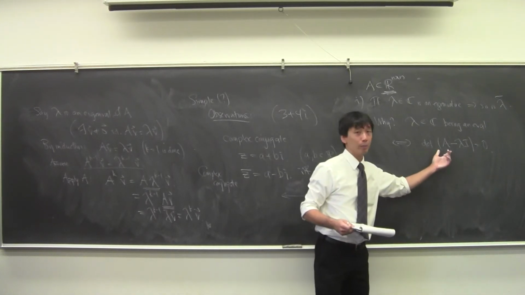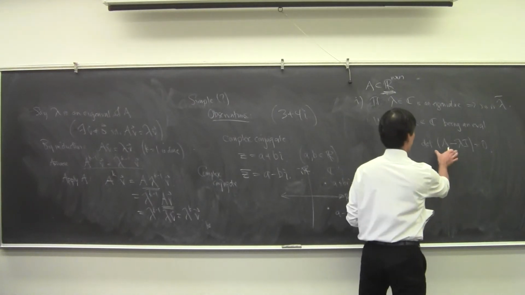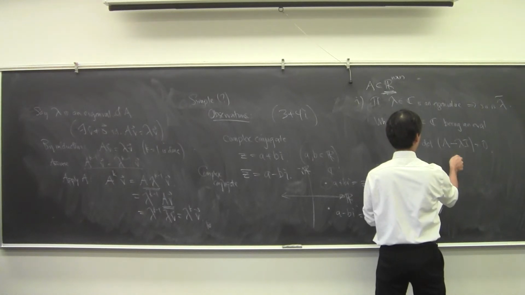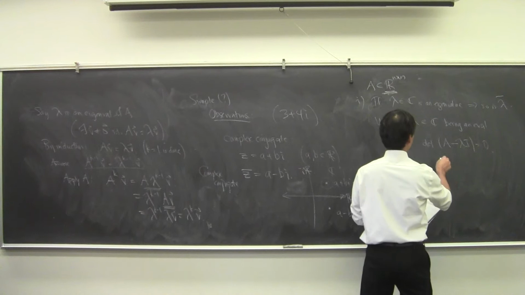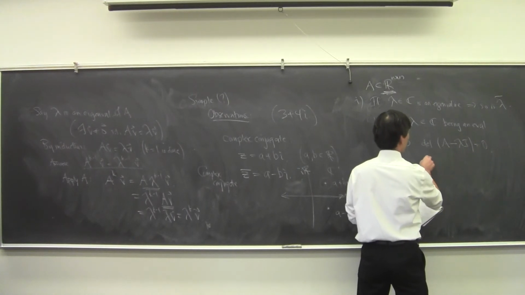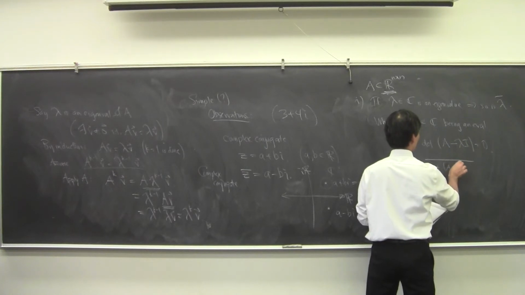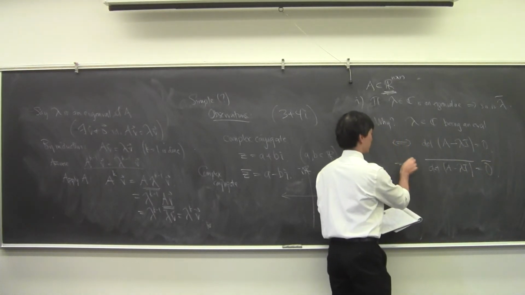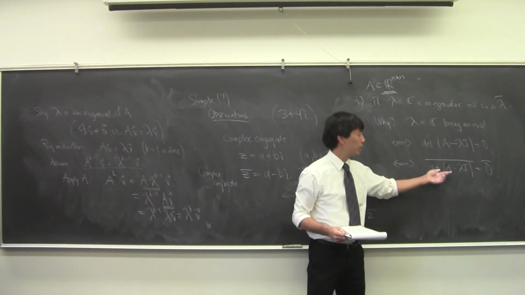So I've got some polynomial over here, and the determinant of it is 0. Now I'm going to take the complex conjugate of both sides.